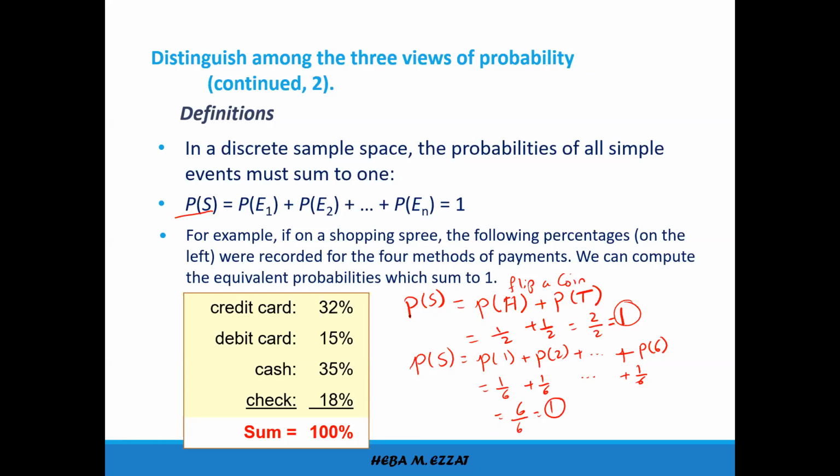So if we have a sample space and we want to calculate the probability of the whole sample space, it will be the summation of the probabilities of the individual events, and in this case, it will sum up to 1.